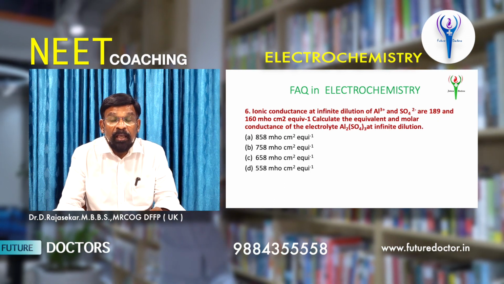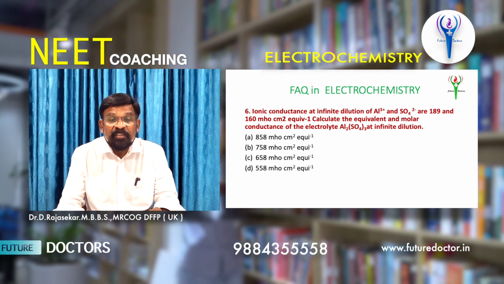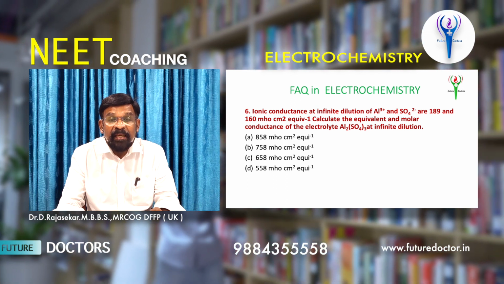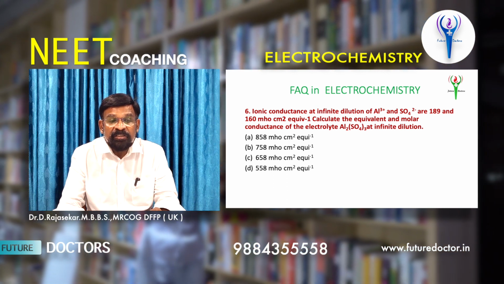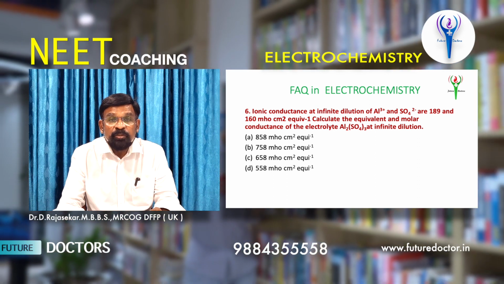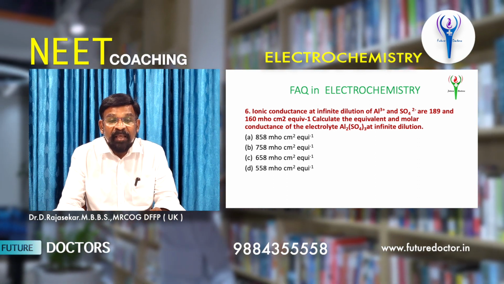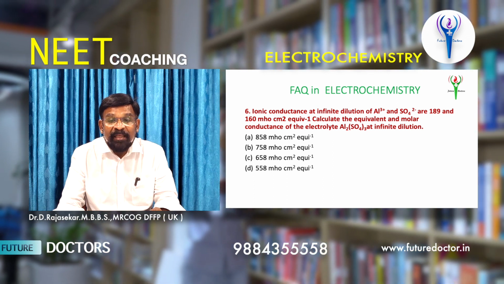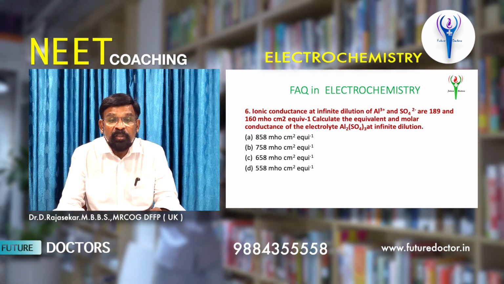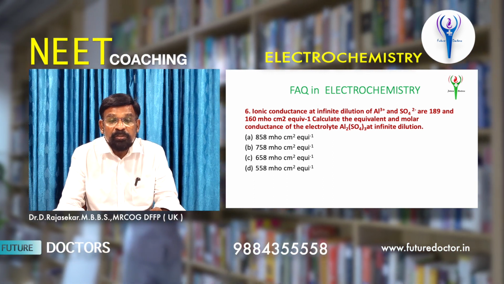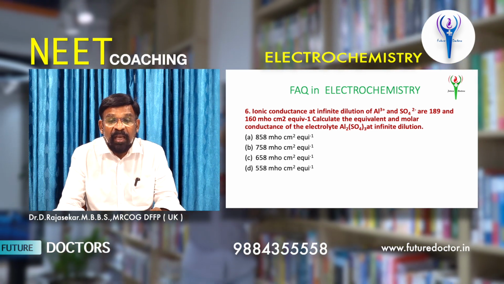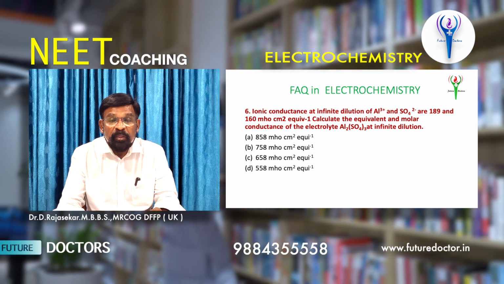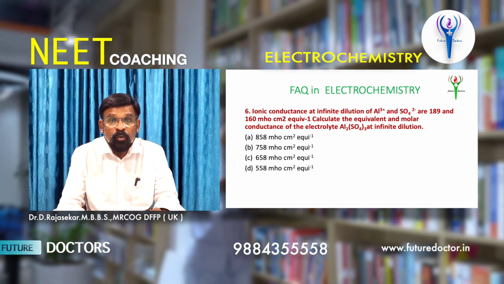Sixth question. Ionic conductances at infinite dilution of Al3+ and SO4 2- are 189 and 160 mho cm² eq^-1. Calculate the equivalent and molar conductivity of the electrolyte Al2(SO4)3 at infinite dilution. This is a little bit difficult, but let's find out.